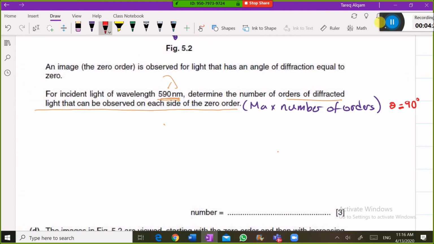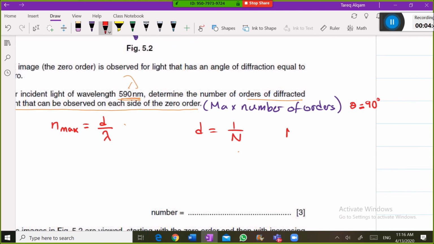So I will use this equation, d over lambda, if you remember. Now to find d, it is 1 over N, because d is not given. N is given to us as 650 per millimeter. Instead of milli, I have to substitute 10 to the power -3 meter.